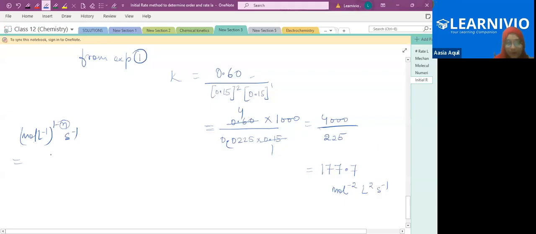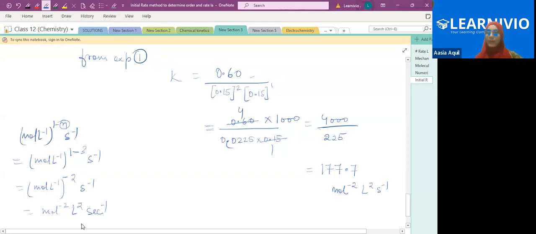So it's mole per liter to the power 1 minus 3, per second. 1 minus 3 means minus 2, so it will give you mole to the minus 2, and liter square, per second. Is it correct? Yes, it's correct. So that's how we can calculate the unit also.